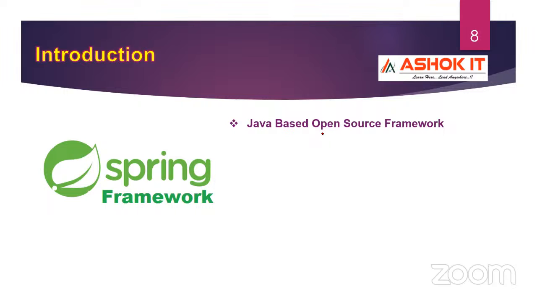That is why Spring is open source, a Java based open source framework. Open source means anybody can download that software without paying anything. That is the first point. Along with that, the source code is also exposed to the programmer.